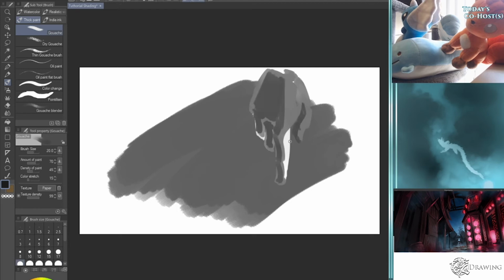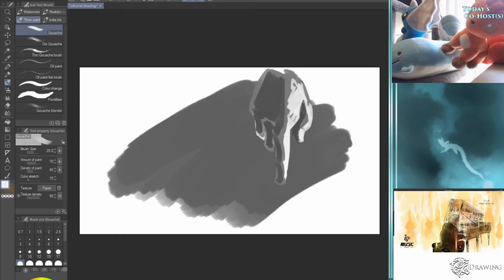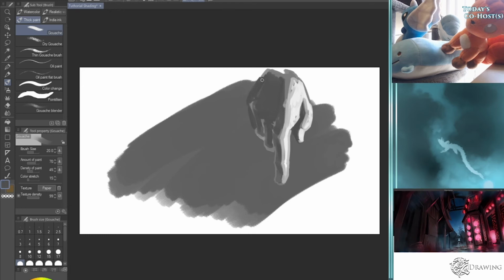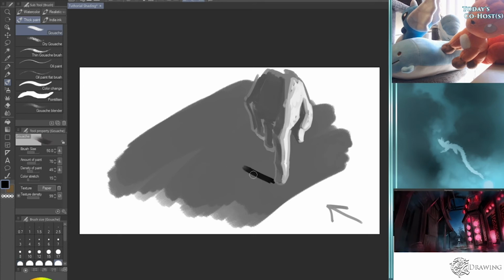Now the light is coming from what direction? From this, can you guys figure out what direction the light is coming from? This isn't a trick question. Right, that's correct. The light is coming from this direction. And if we assume that this hand is touching a table, it's going to have a cast shadow, right?